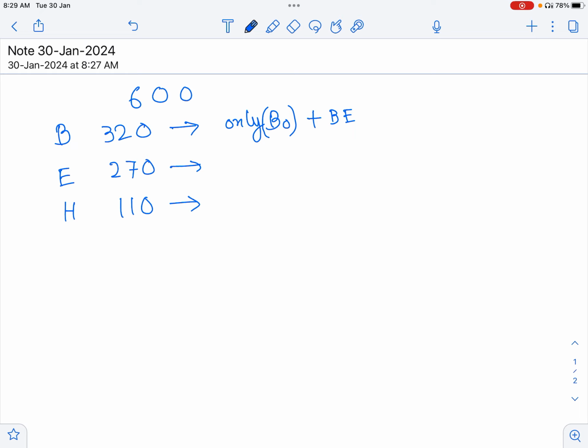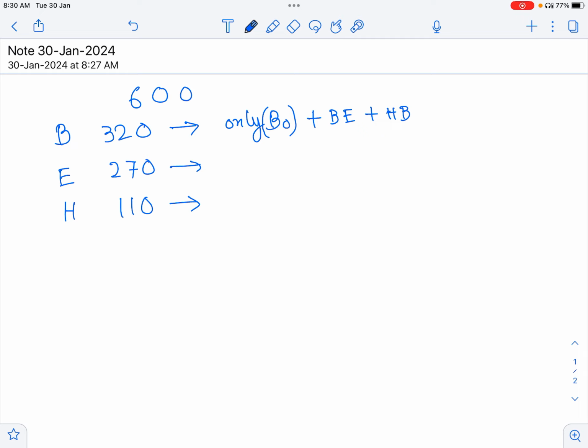Also these 320 include the number of those students who learn Bengali and Hindi, that is we use HB for those students who learn Bengali and Hindi.